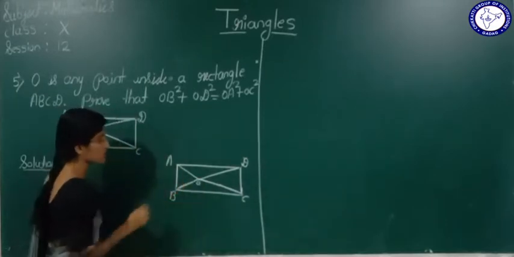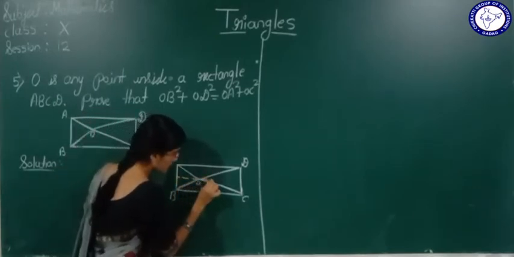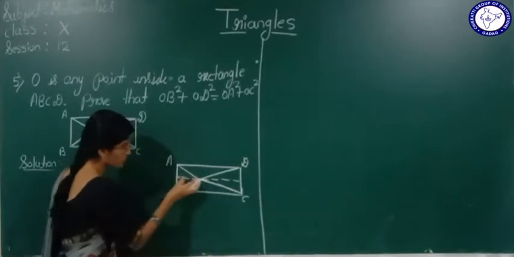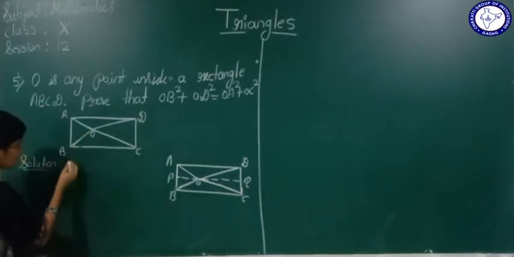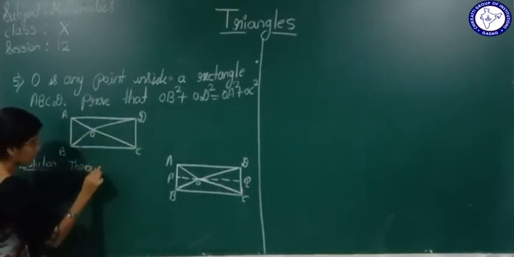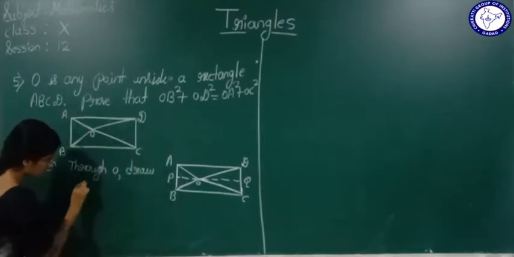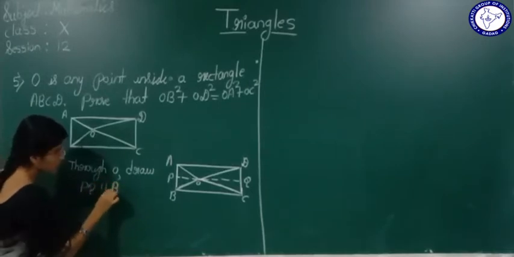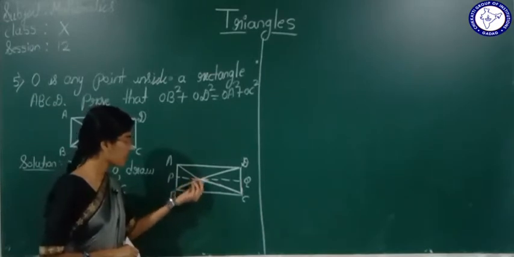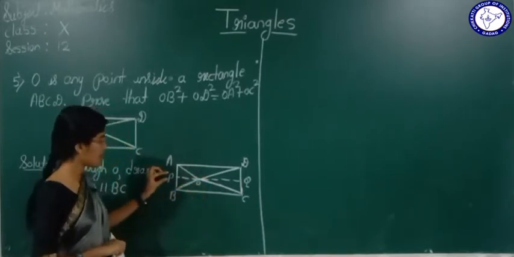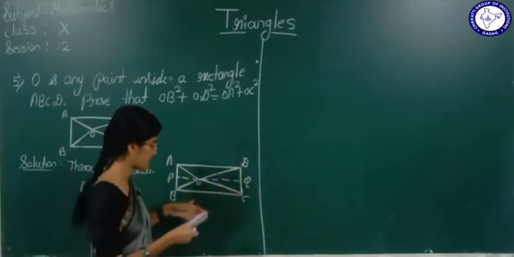Here O. Through O, draw PQ parallel to BC. Now we have drawn PQ parallel to BC, right? Now P lies on AB and Q lies on DC.